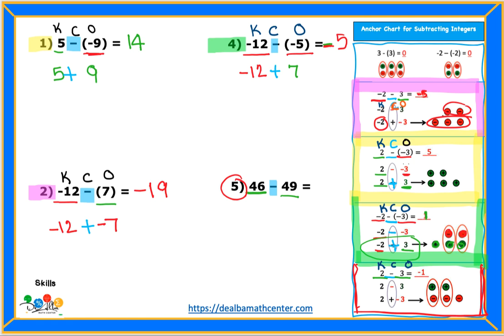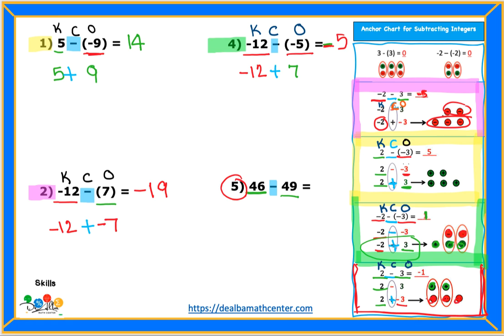So we keep the 2, keep and keep. We change the subtraction into addition, great. And then we get the opposite of positive 3, which is negative 3. Then we add like we add any operation with integers. We have 2 positives, 1 and 2. Then we got 3 negatives, 1, 2, 3.